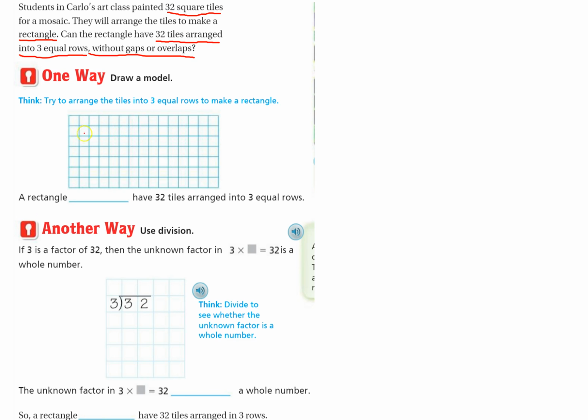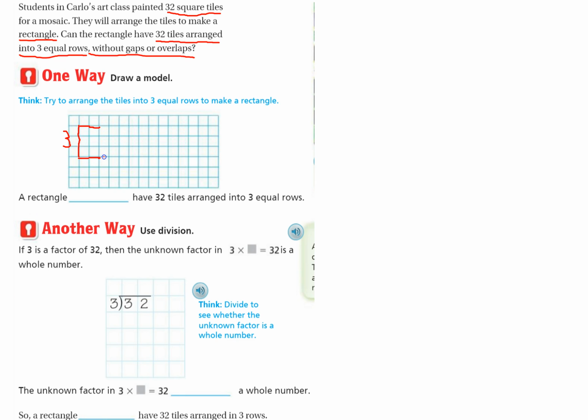Okay, so 3 rows would be going down. So down 3. Now I need to get 32. So if I go over 1, that's going to be 3. 1, 2, 3. If I go over another one, that's going to be 3, 4, 5, 6. So notice I'm just counting by threes.